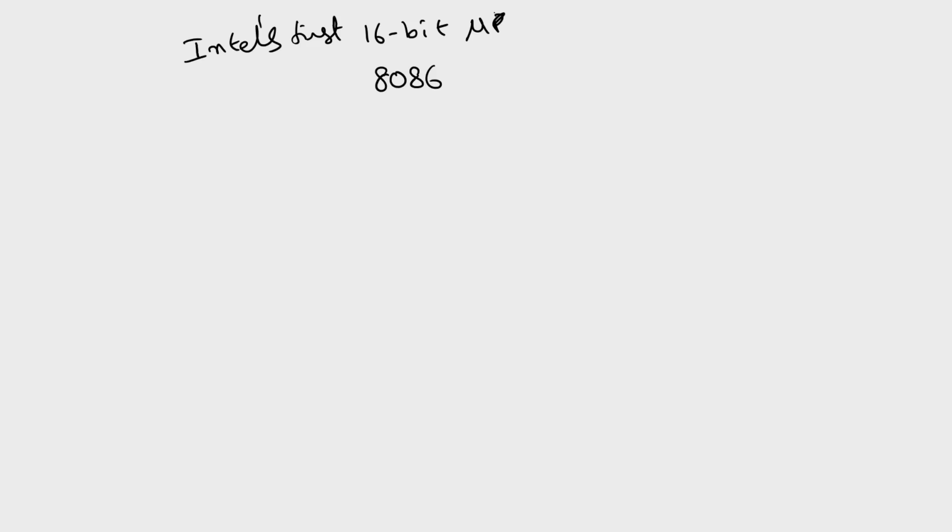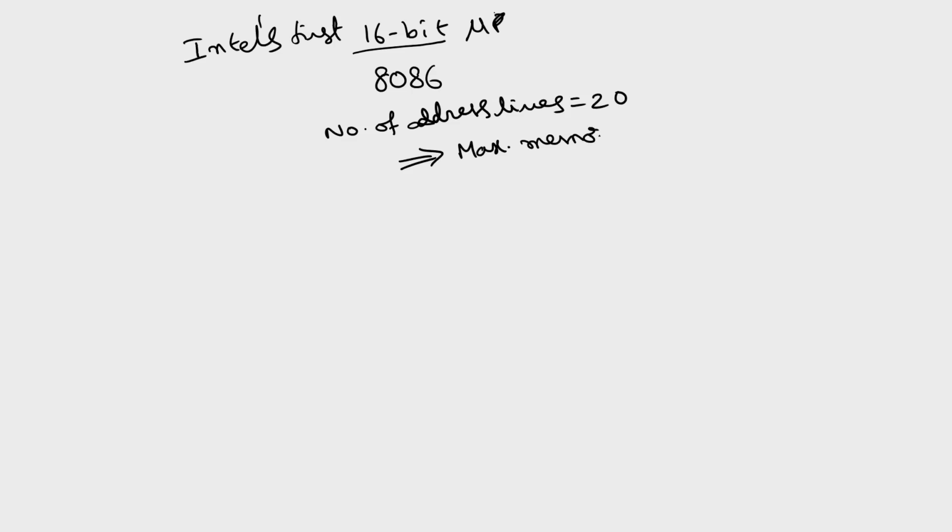The major differences between 8086 and 8085 are these: the size of the ALU here is 16-bit, and the number of address lines in 8086 is 20. This implies the maximum memory capacity that can be connected to the 8086 is 2 raised to the power of 20, which is 1 megabyte.